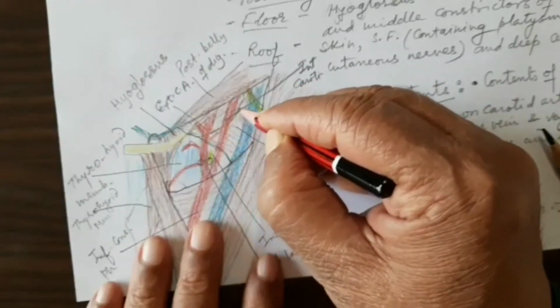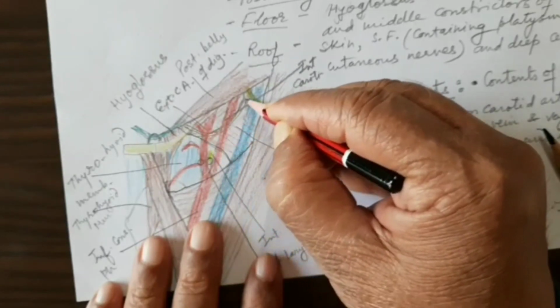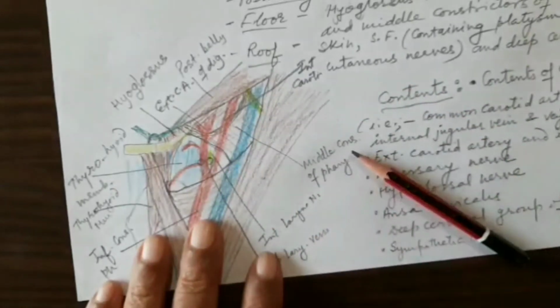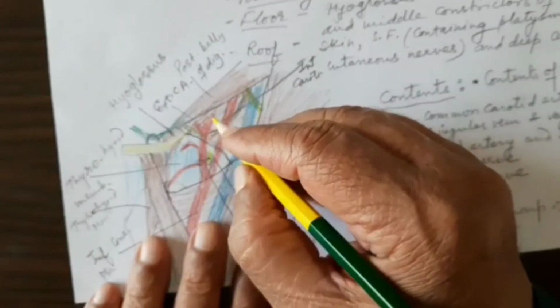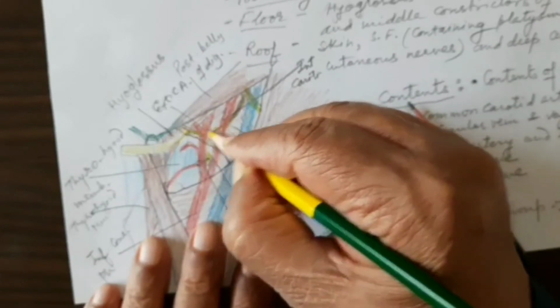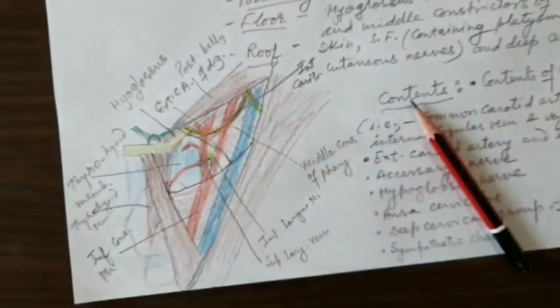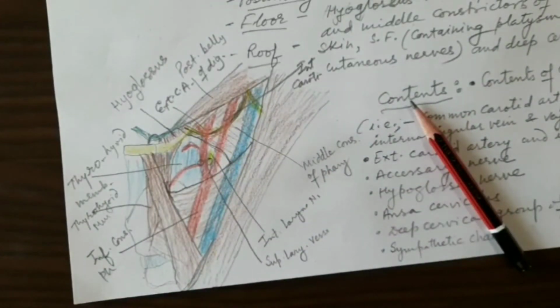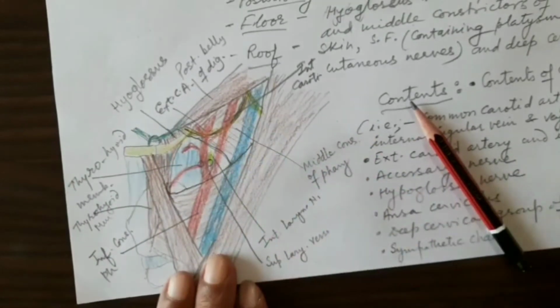This is getting to be a more complicated diagram, so in black I have drawn it and will try to give the color. It will go superficial to these vessels, and since it is the 12th cranial nerve, hypoglossal, going towards the tongue, this is the hypoglossal nerve.